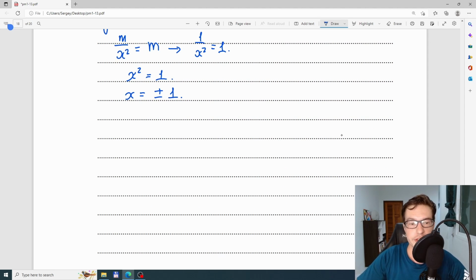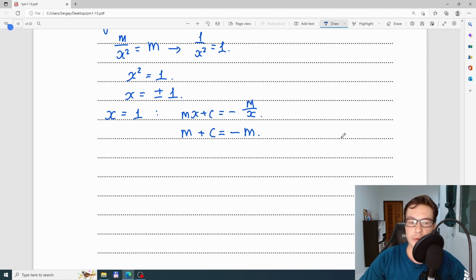So let's say x equals positive 1. That means the y-coordinates must be the same, and we get mx plus c equals minus m over x. I'm going to substitute x equals 1, and we get m plus c equals minus m.